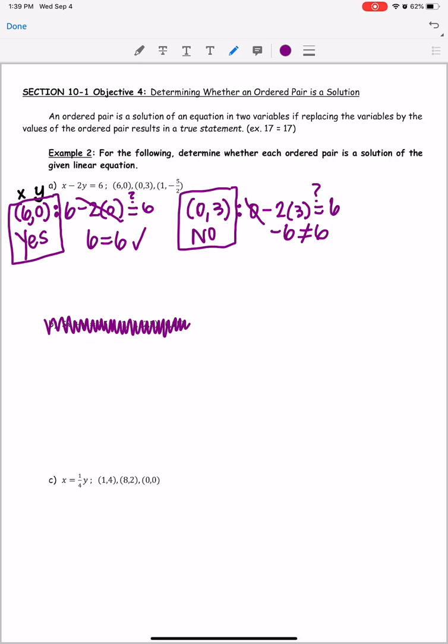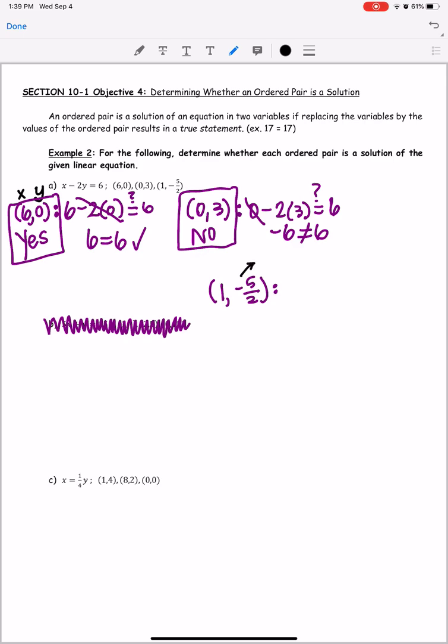Let me skip this over just a little bit more. Right off the bat, you guys hate negative 5 over 2. Change it into a decimal, guys.